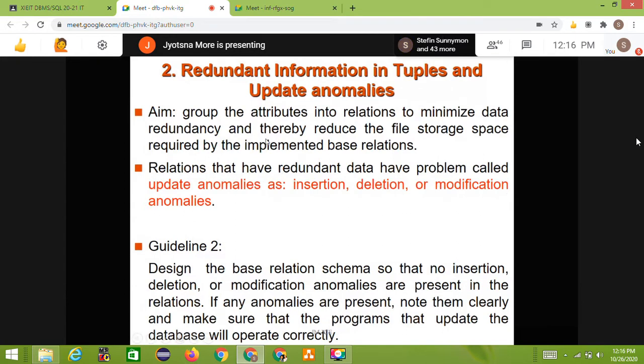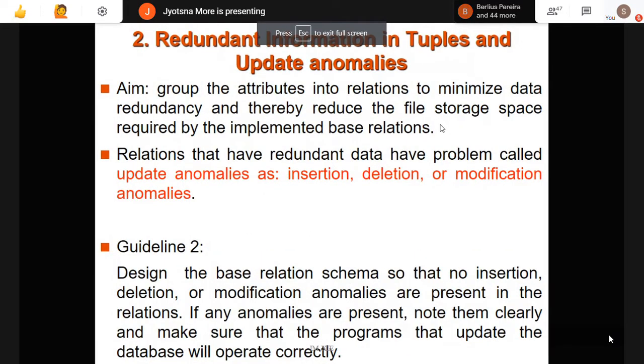So the second guideline: the aim is to group the attributes into relations to minimize data redundancy and thereby reduce the file storage space required by the implemented base relation. Sometimes we add a relation into our schema model, but I come to know that two similar attributes were added.